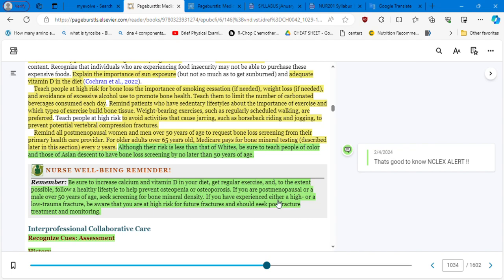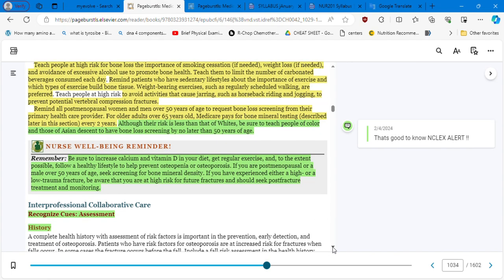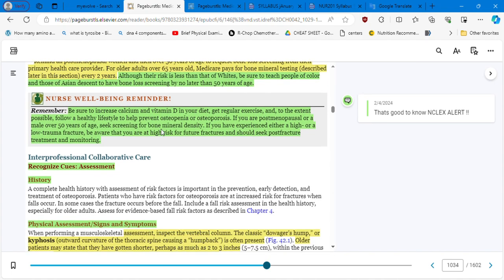Although their risk is less than in whites, be sure to teach people of color and those of Asian descent to have bone loss screening by no later than 50 years of age. And that's good to know. Be sure, nurses, to increase calcium and vitamin D in your diet.